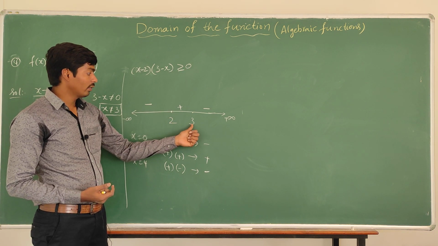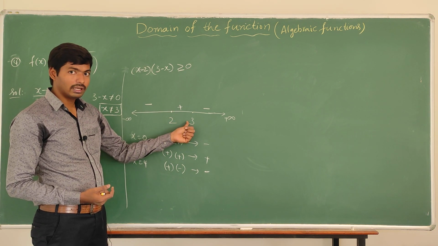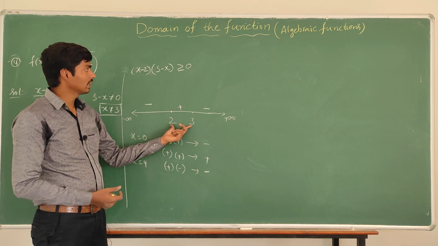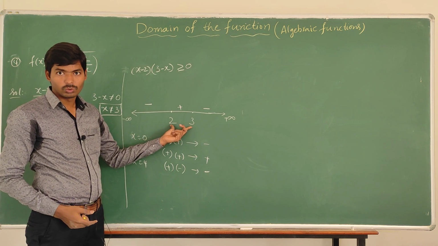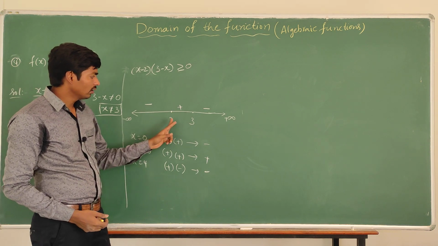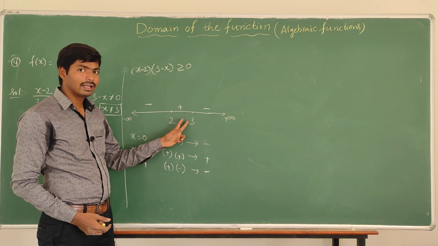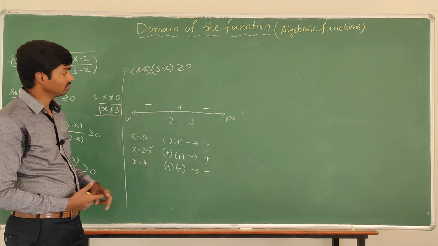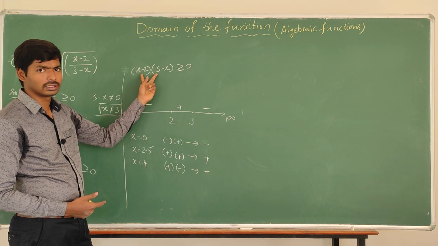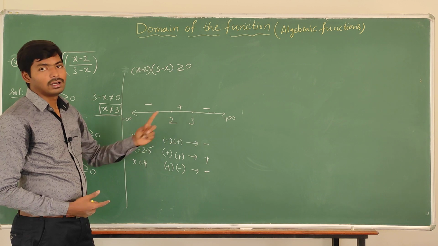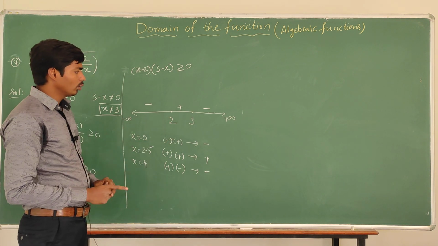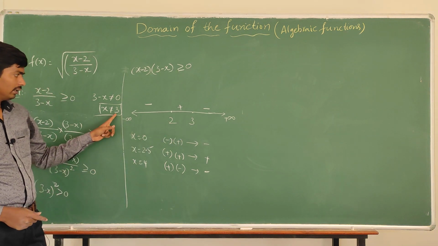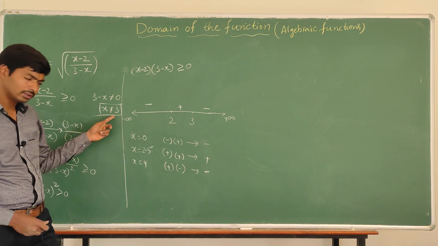The x values in this interval give a product greater than or equal to 0. So the set of all values lying in this interval satisfies the given expression, and that is the domain of my function. Here, from 2 to 3, do I have to include 3 or not? Already x is not equal to 3.